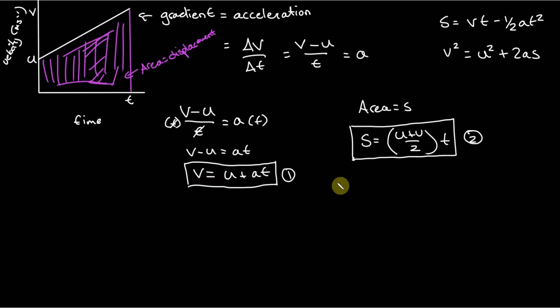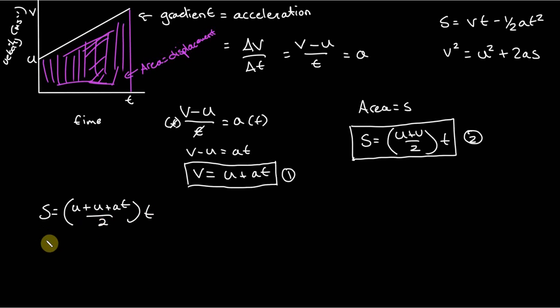We're going to substitute 1 into 2, so we can write s equals u plus v, well, v here equals u plus at, so we can write u plus u plus at, and of course all of that still over 2 times t.